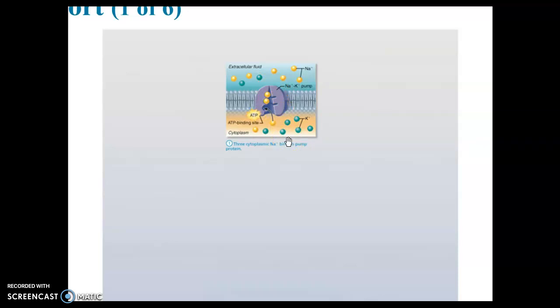The first thing that happens is 3 cytoplasmic sodium ions bind to the pump protein. You can see 2 have already bound and then 1 is in the process of binding here. So 3 sodium ions bind to the sodium-potassium pump.